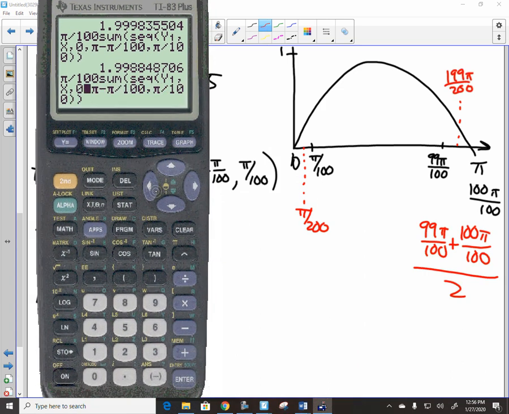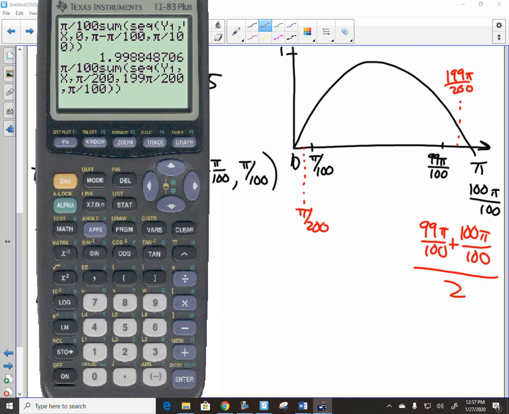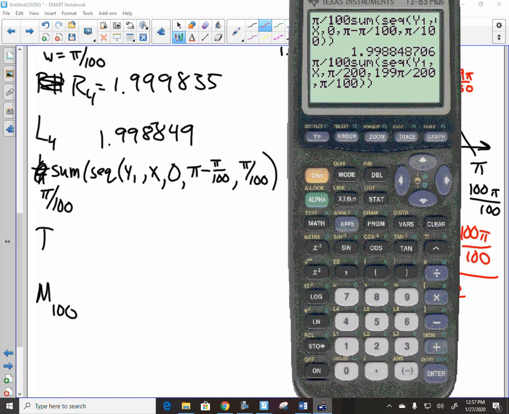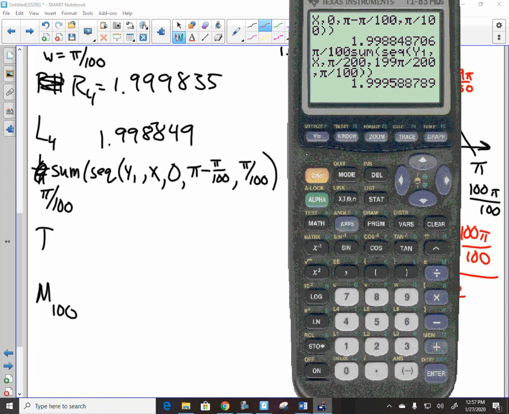I go back to the 0 and I change it to pi over 200, comma, 199 pi divided by 200, comma, and pi over 100. So the midpoint of 100 is 1.999588.